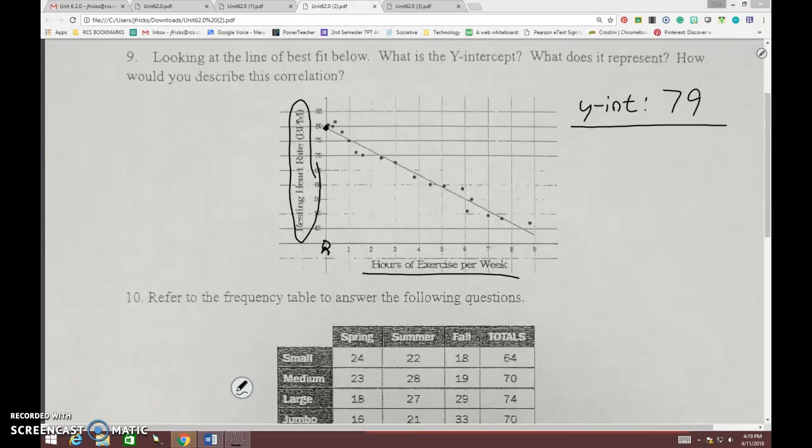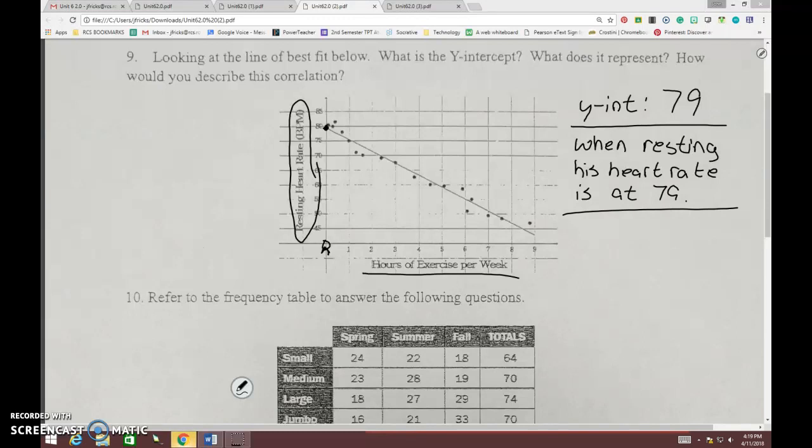You need to find a way to write that out. Maybe you say, when the resting heart rate is at 79 or something like that. You could also say the 79 just represents when the resting heart rate has done no exercise. So when his resting heart rate is at 79, that just means that he's done no exercise.